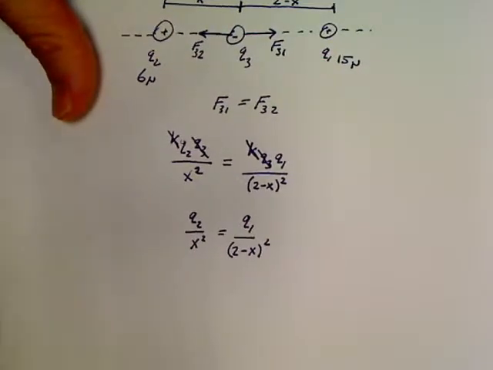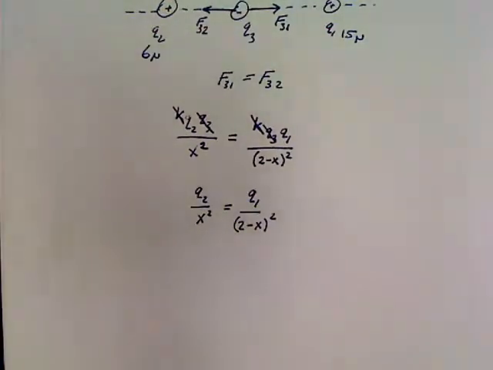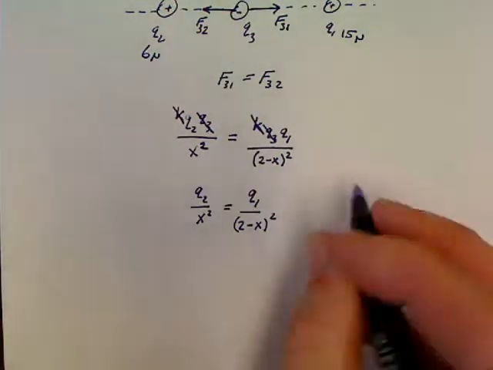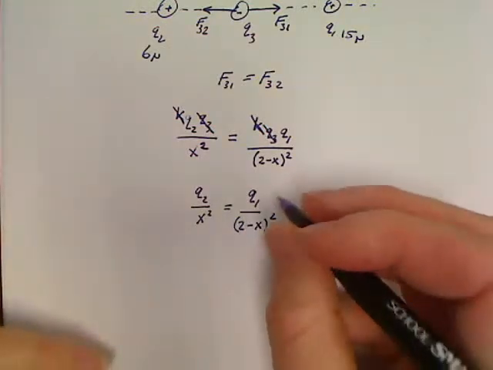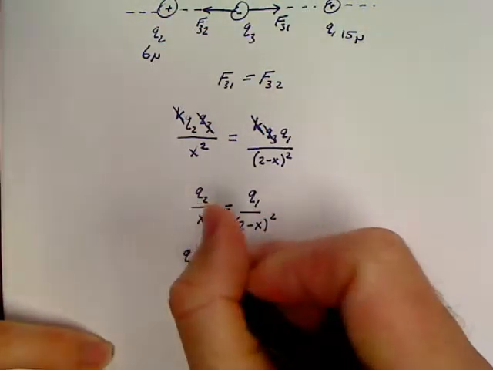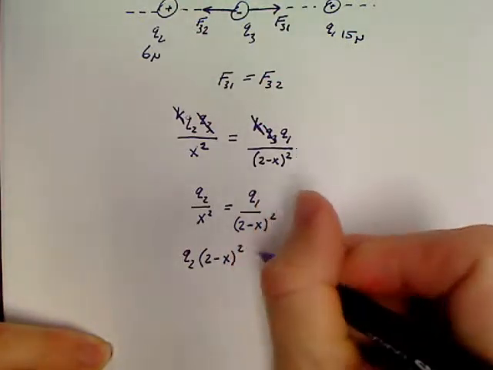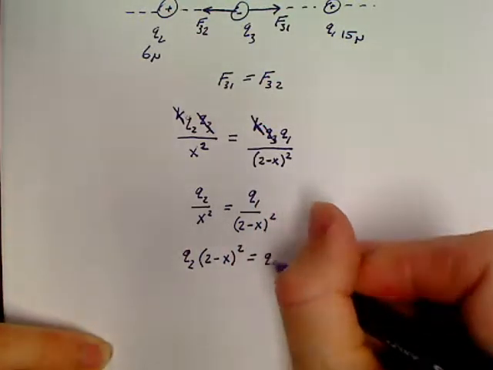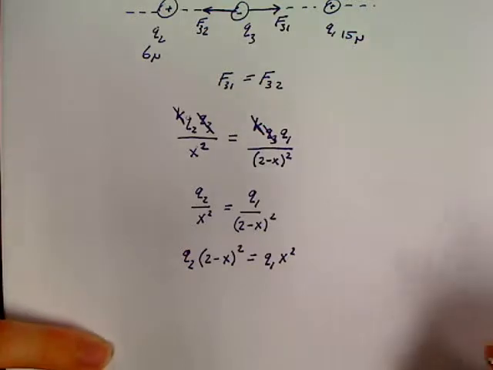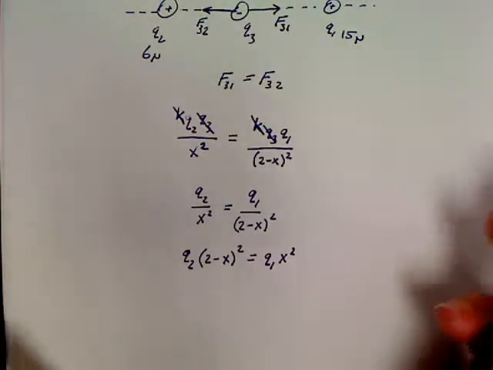The problem is basically done. All we've got to do now is the algebra and solve it for x. Let's go ahead and bring this over. So this is Q2 times 2 minus x squared equals Q1 x squared.